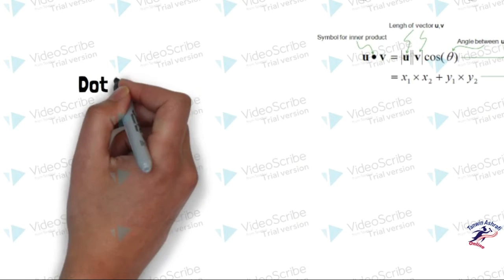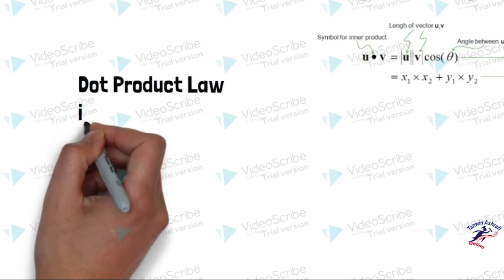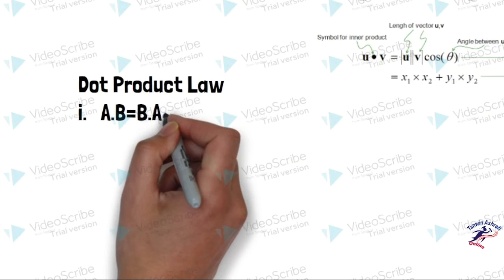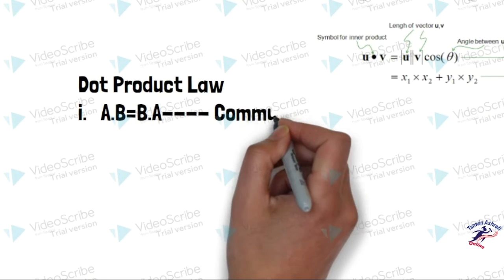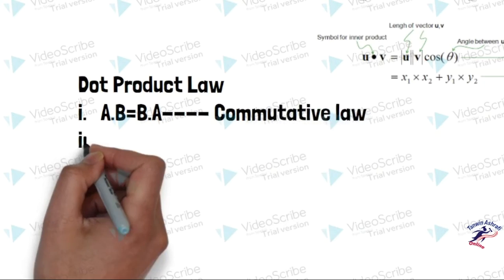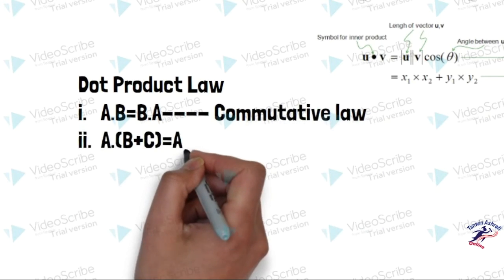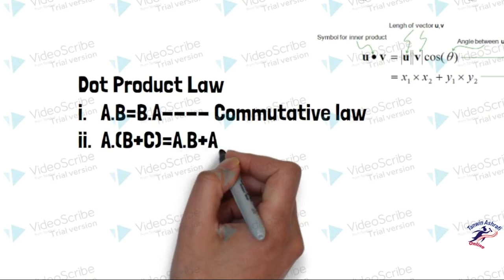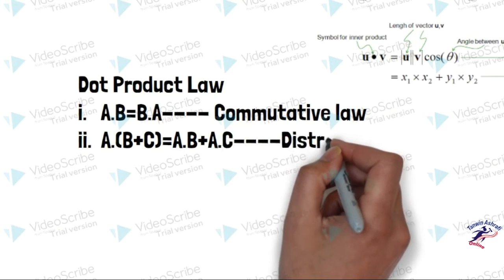So we will see what laws are followed by the dot product. The dot product follows the law A dot B is equal to B dot A, the commutative law. Second, A dot (B plus C) is equal to A dot B plus A dot C, that is the distributive law.